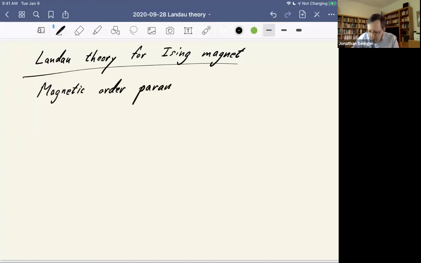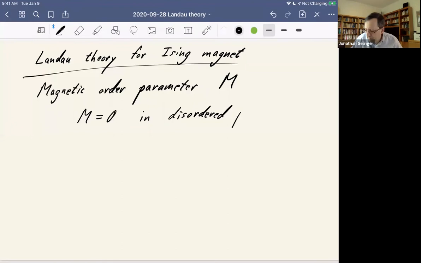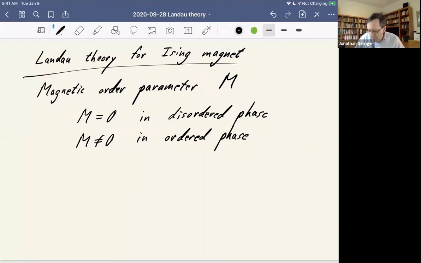So we'll call it M once again. And we would say the magnetic order parameter is equal to 0 in the disordered phase, and it's not equal to 0 in the ordered phase.